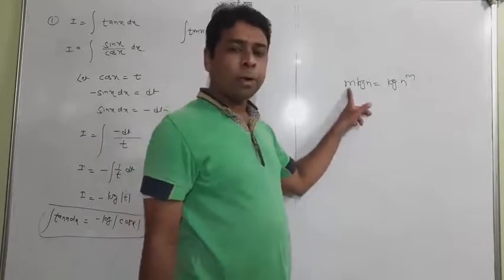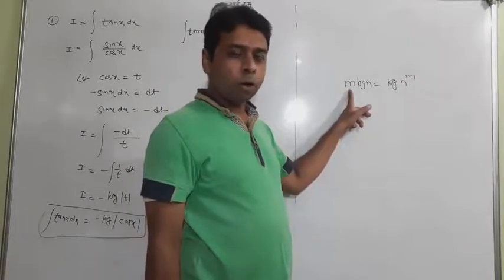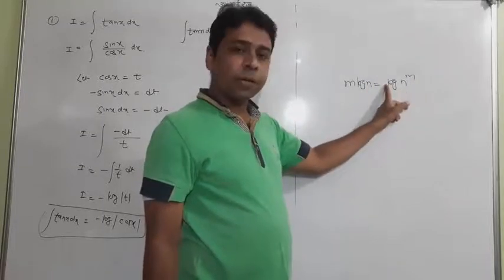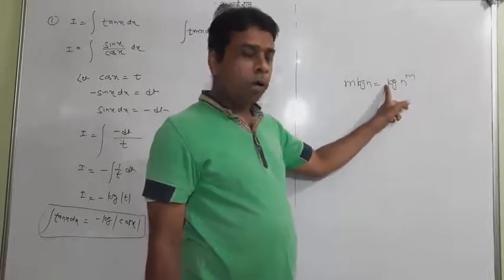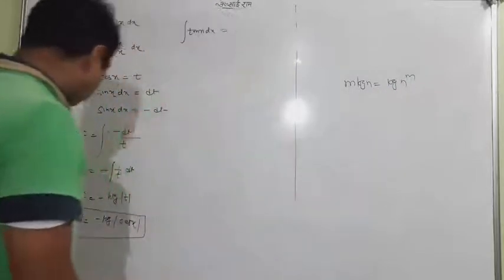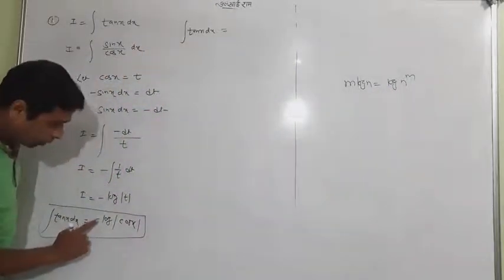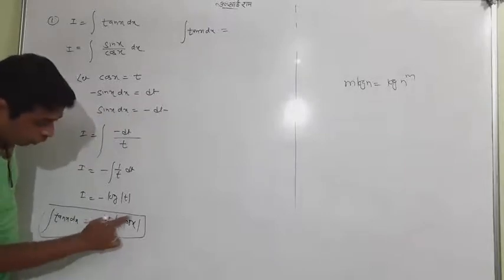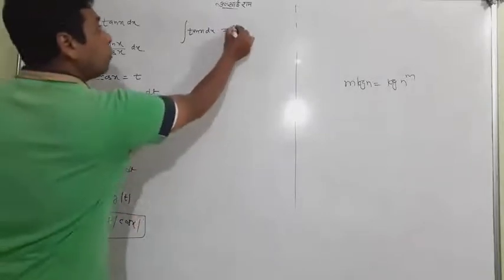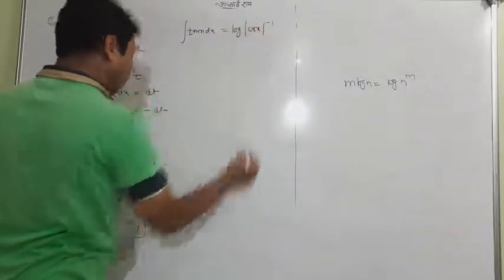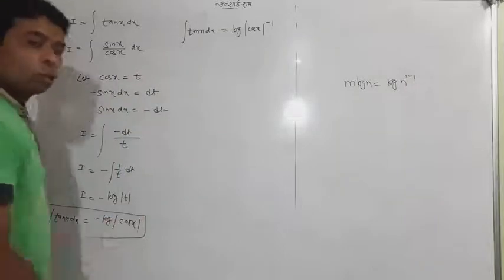The multiple in front of the log will transfer into the power, or the power can be shifted to just before the log. So okay, this is the basic formula. You can also write this minus, because it is a log, by shifting this minus into the power. So what will happen? Log of cos x, this is going to be minus, this minus sign is going into the power.